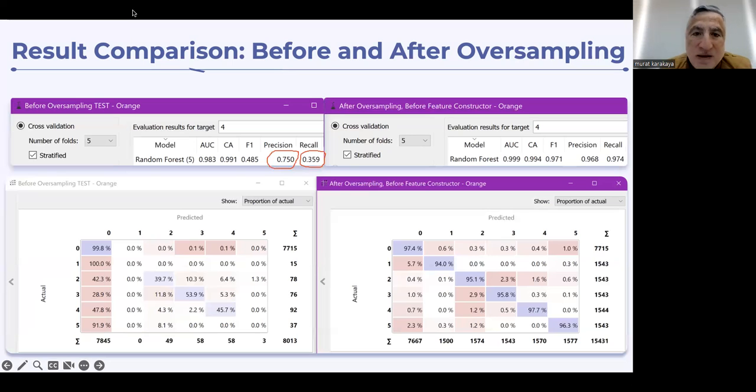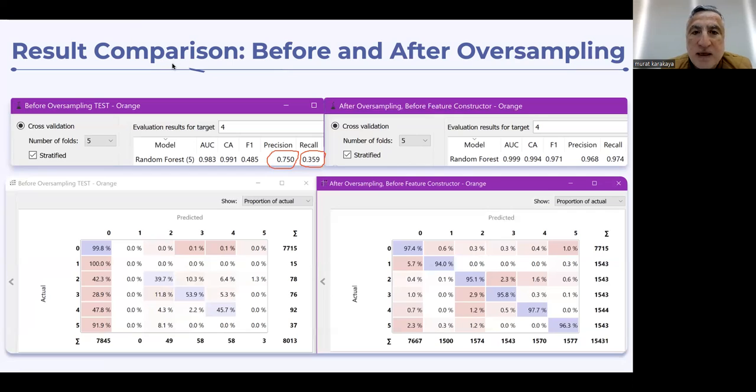Okay, actually, recall means that for the target value 4, if there are 100 target values in your test data, you only correctly identify 35 of them. Recall is that.